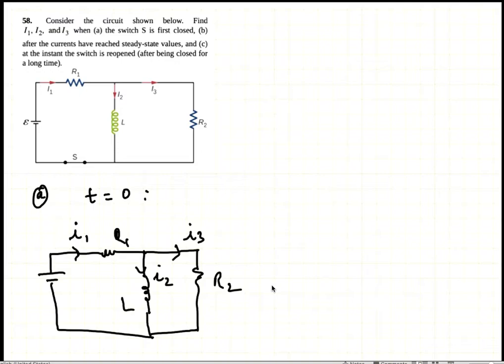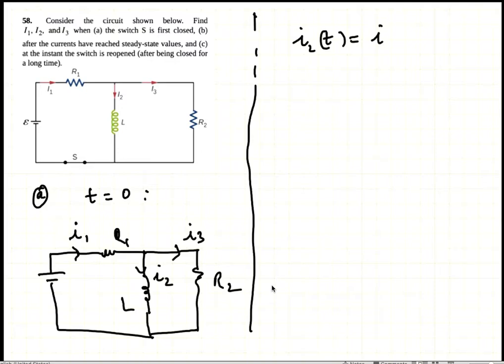L. In an inductor, the current varies with time as I2 max times 1 minus e to the power of minus t by tau, whatever the time constant is.